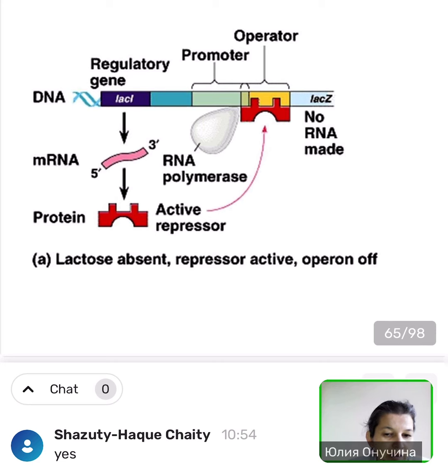You see red structure. This red structure is very close in structure with operator. And this repressor can change shape of operator. So when RNA polymerase will come to promoter, it cannot move along the gene. It will be stopped by repressor. Is it clear?